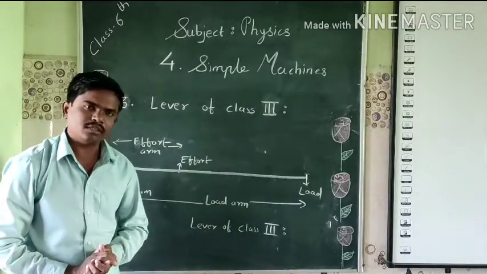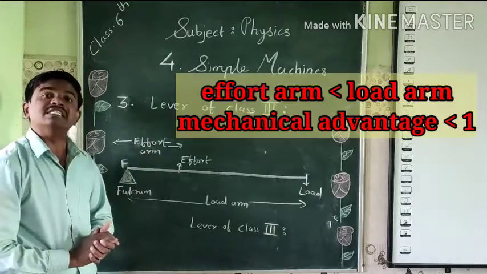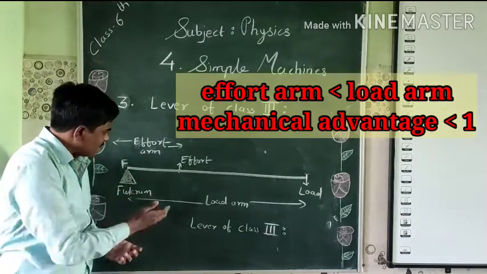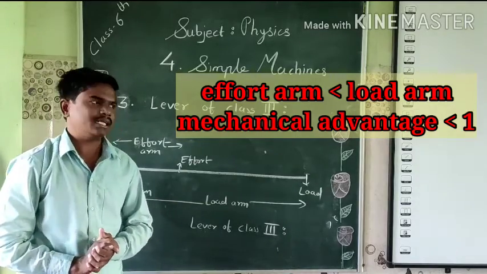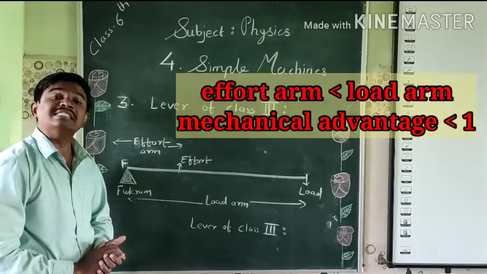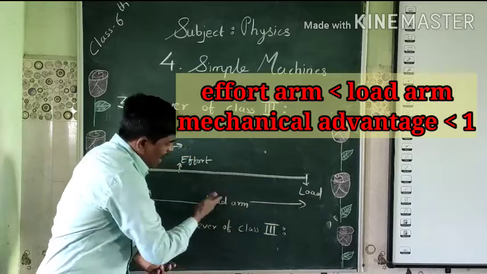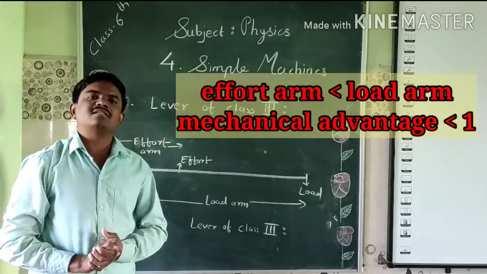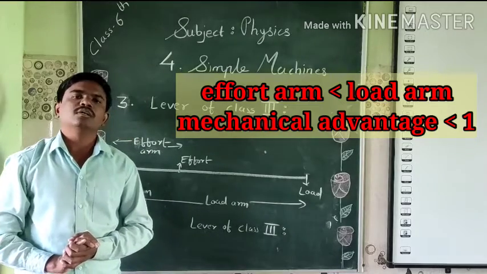Here effort arm value is less than load arm, or in another way, the effort arm distance is less than load arm distance, so its mechanical advantage value is always less than 1.